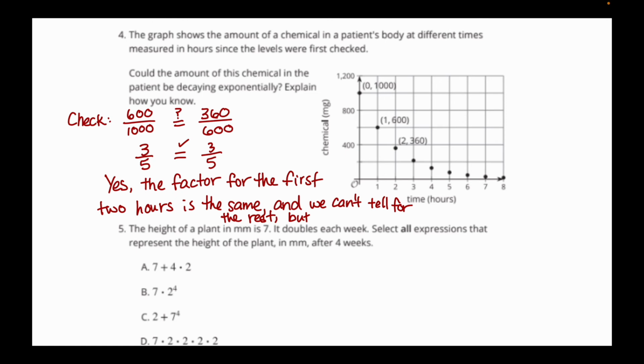So we're going to say, but it looks like it follows that same pattern. Okay.